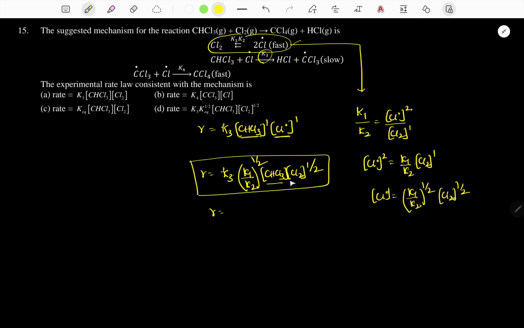Here chloroform is a reactant, Cl2 is also a reactant. So the rate expression should be in the form of either reactants or products. It should not contain any intermediate. If any intermediate is present like this, we have to remove it by using the corresponding equilibrium constant or the corresponding steady state approximation.